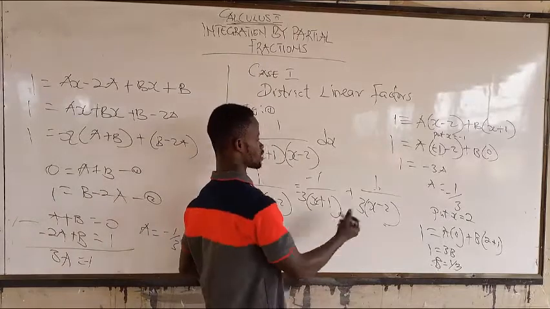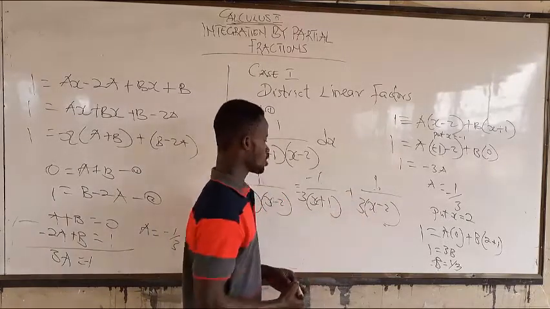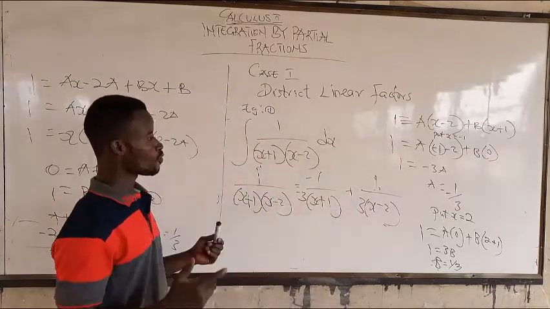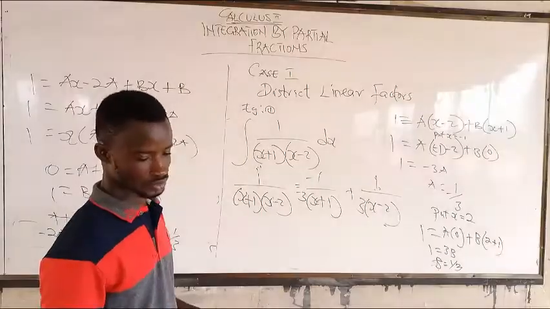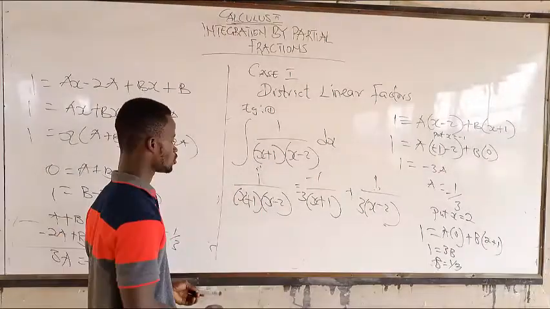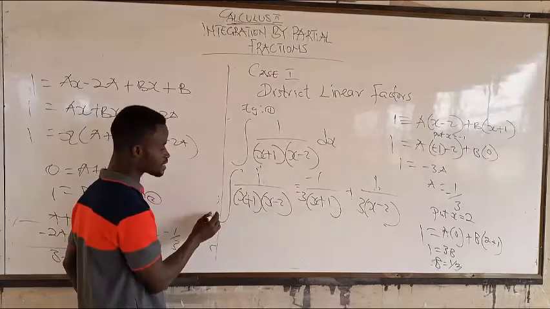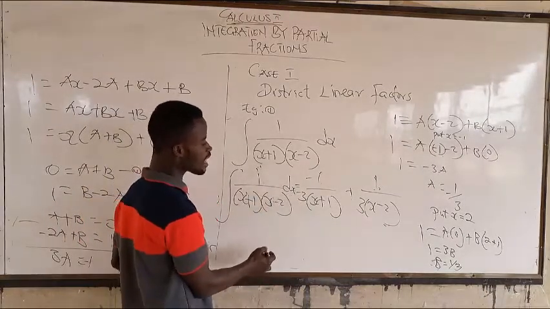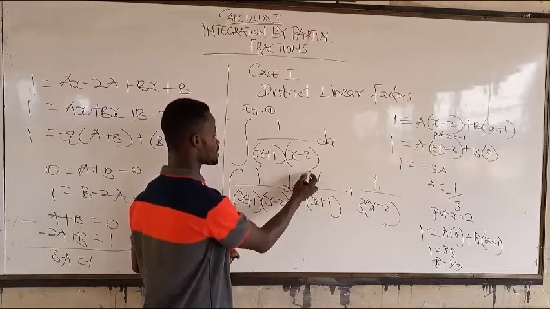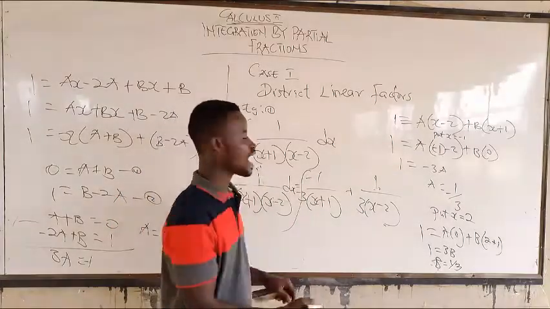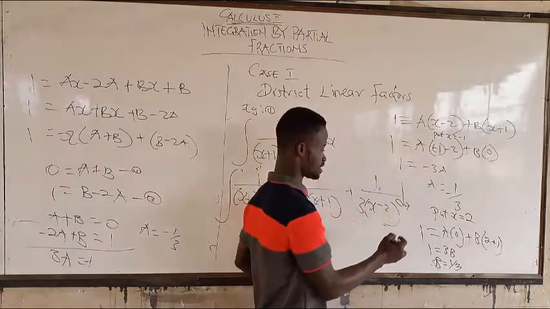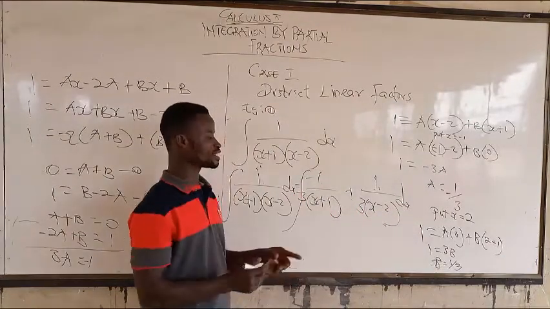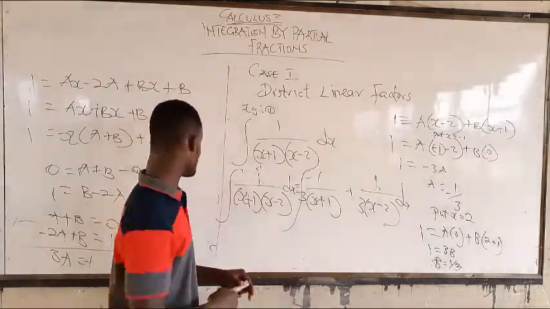So you go and do the substitution. Alright. So what does this mean? This means that to integrate this with respect to s is the same as integrating the whole of this with respect to s. And here you can integrate it term by term and you go your way.